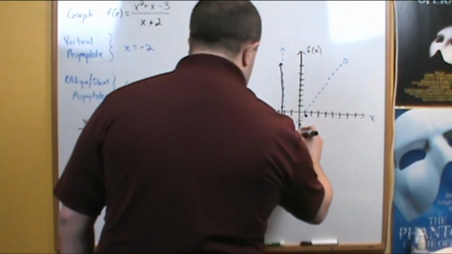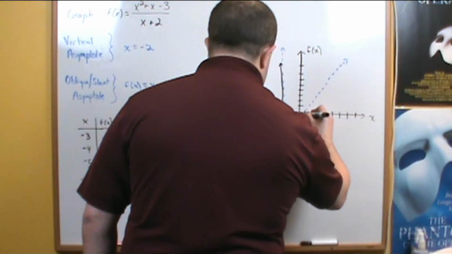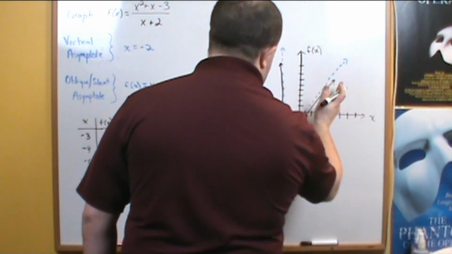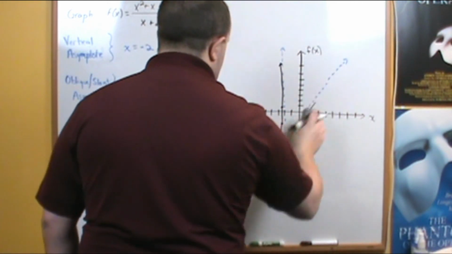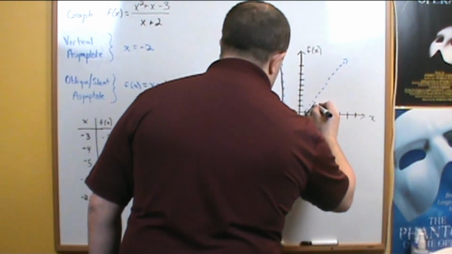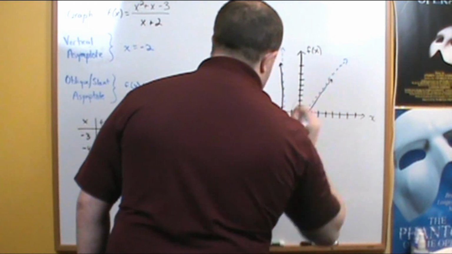So it looks like this graph is going to keep going this way, hugging this oblique asymptote here. It'll just keep coming and coming and coming, just like that.